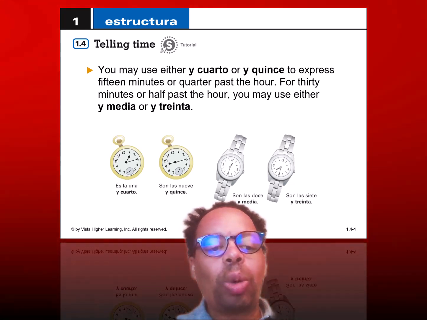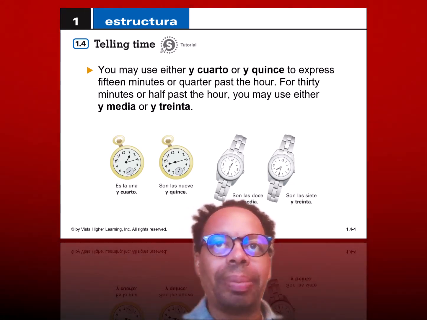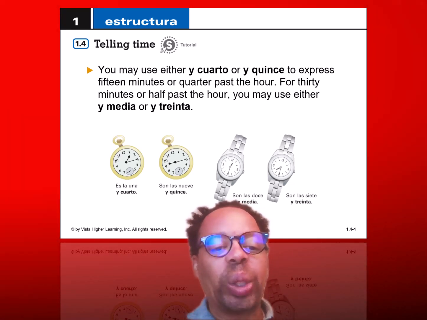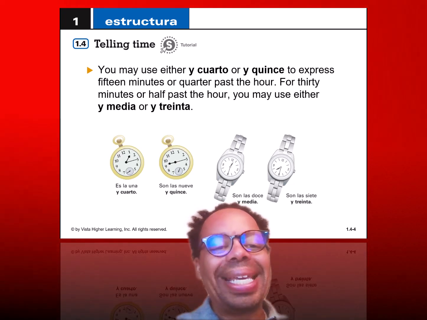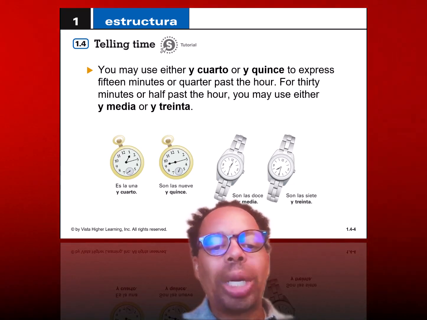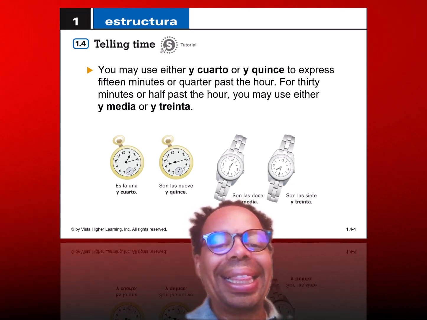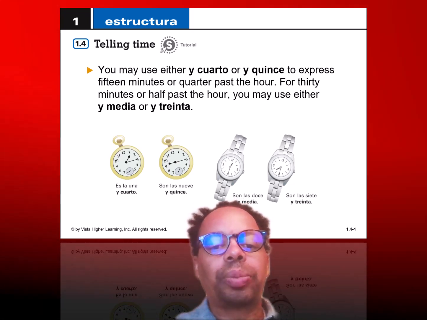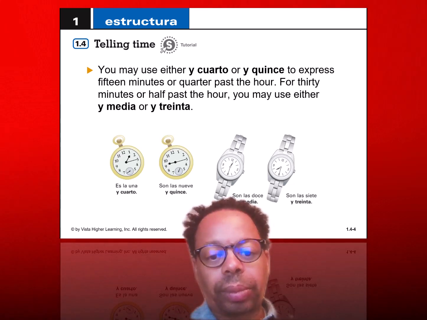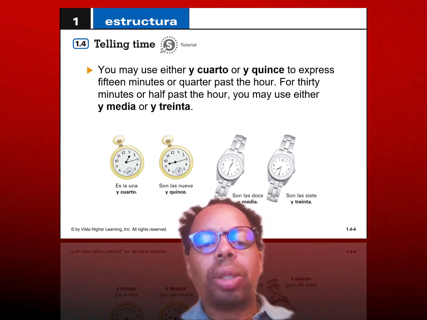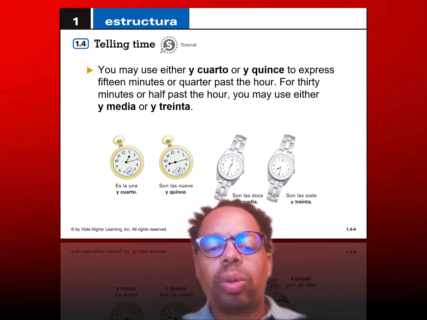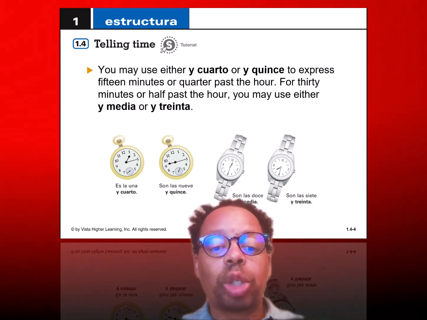Bueno, if you look at the examples at the bottom, es la 1:15, son las 9:15, son las 12:30, son las 7:30, no? So just some other options to express time.